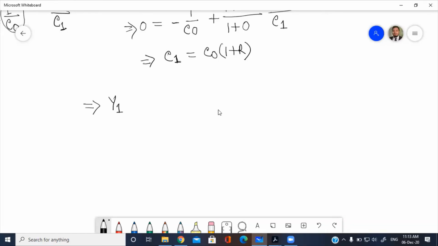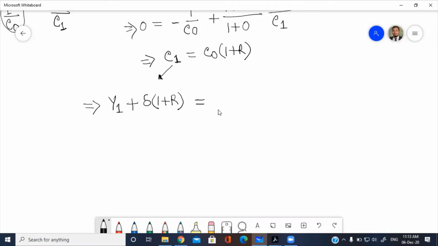Future period consumption is future period income plus the amount of savings delta you made in the previous year, grown at the risk-free rate. The amount of savings you made in the previous year is multiplied by one plus the risk-free interest rate you have been able to achieve. I'm just replacing this in terms of income.